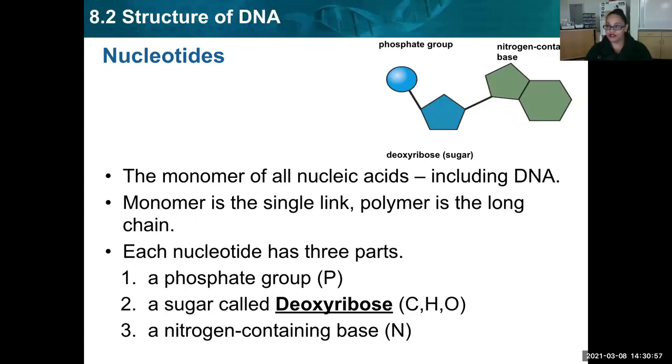And sugars end in OSE. So deoxyribose is the sugar that DNA is named after. And a nitrogen-containing base. There is the N of the SCHNOPS. So DNA has 5 of the 6 most common elements found in living things.